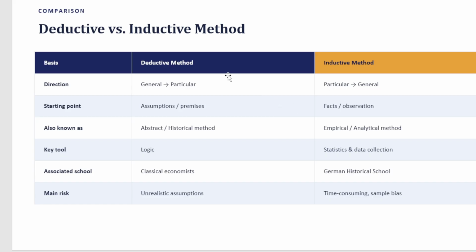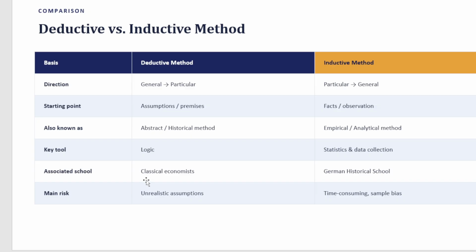In the deductive method, first of all we have to take assumptions, and in the inductive method we have to take the observation. The deductive method is also known as abstract or historical method, and the inductive method is also known as empirical or analytical method. This is based on logic and this is based on statistics and data.